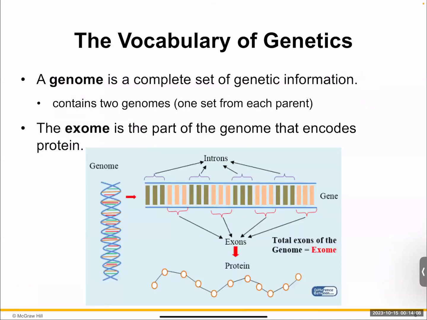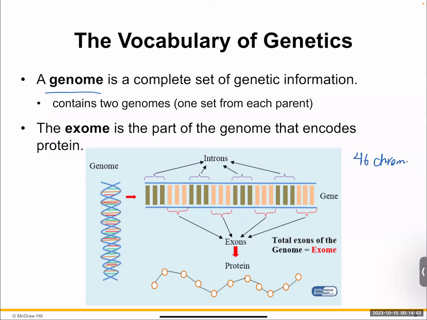Now, if I'm looking at all of the genetic information from a person, that full sequence of genetic information, which came from two parents, is referred to as the genome. So as humans, a typical healthy person with no genetic mutation will have 46 chromosomes inside the body.